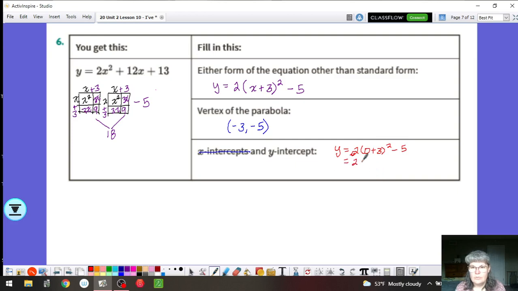Well, that's 2 times 3 squared, so 3 squared is 9 times 2 is 18. Subtract 5 and we get 13. So we have a y-intercept of 0, 13. That also happens to be the c value of our standard form. So the y-intercept is always found at that c value of your standard form.